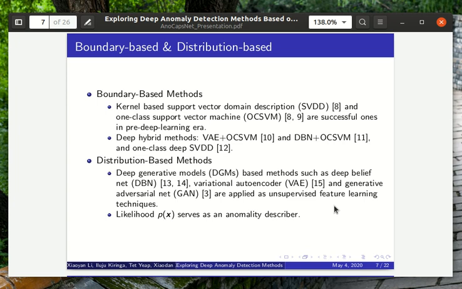For distribution-based methods, deep generative models such as deep belief net and variational autoencoder can be applied as unsupervised feature learning techniques. Since these deep generative models aim at modeling the joint distribution of visible and latent variables, their likelihood may serve as an anomaly describer.